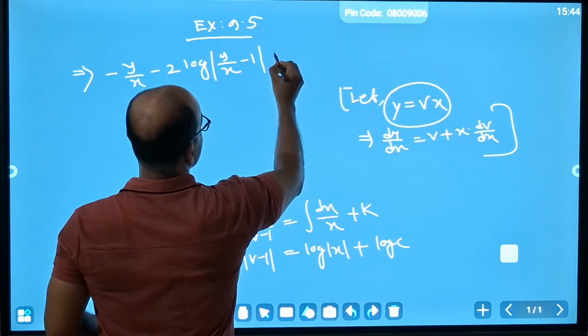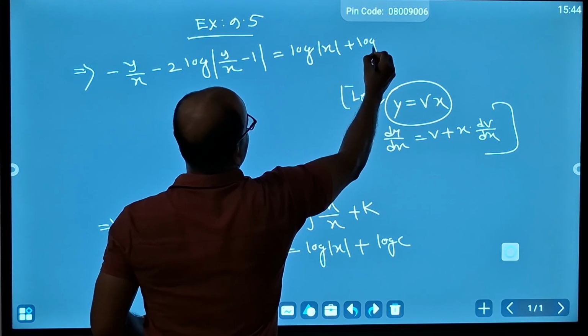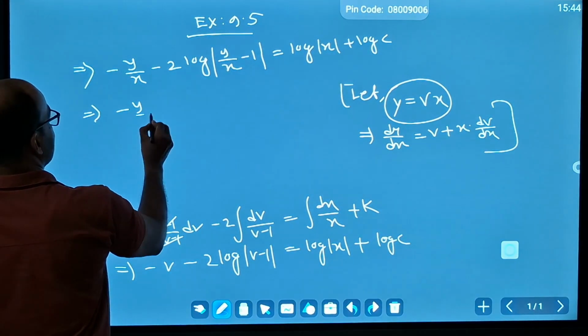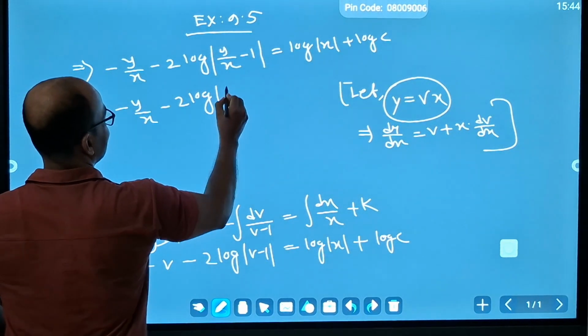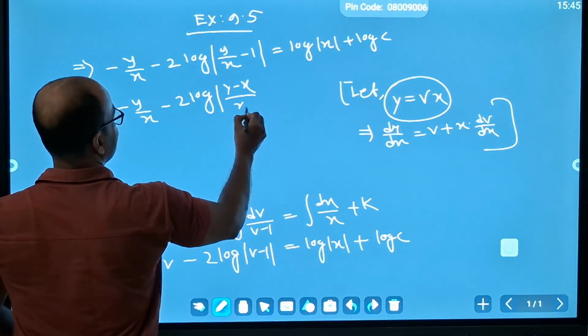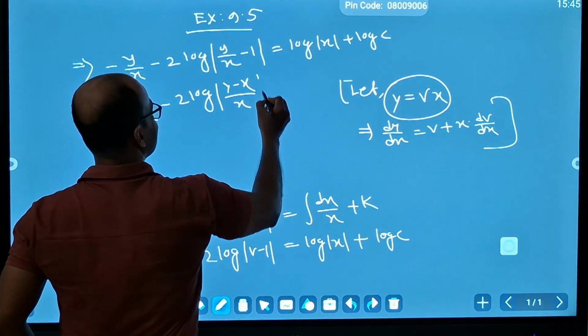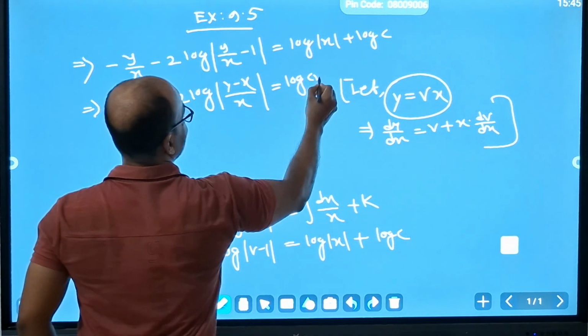equals log x plus log c, so minus y by x minus 2 log of (y minus x) by x equals log cx.